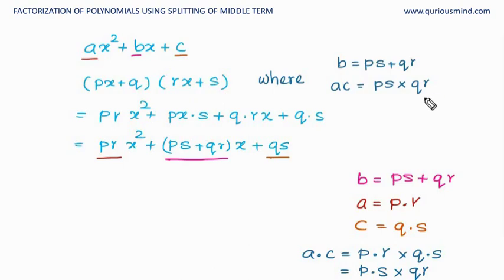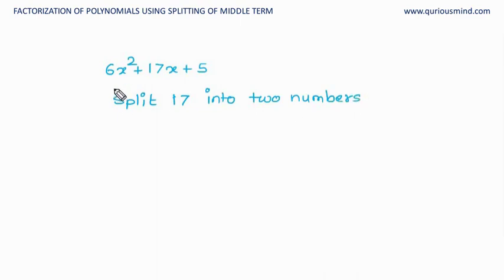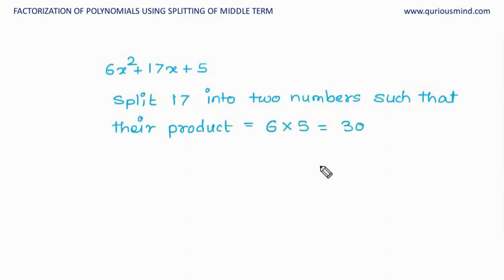Let's do one small sum to understand this better. So let's take 6x square plus 17x plus 5. Now we need to split 17 such that their product is equal to 6 into 5. So we need to find factor pairs of 30.